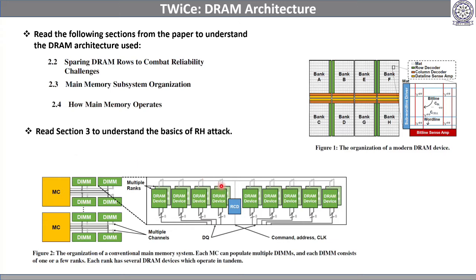They are maintaining these counters in the RCD, and it is logically possible because the memory controller first sends the command to the RCD, and the RCD distributes the command to the DRAM devices. That's why they maintain the counters here in the RCD. So in the next slide we will discuss the main motivation of this paper, called TWiCe.